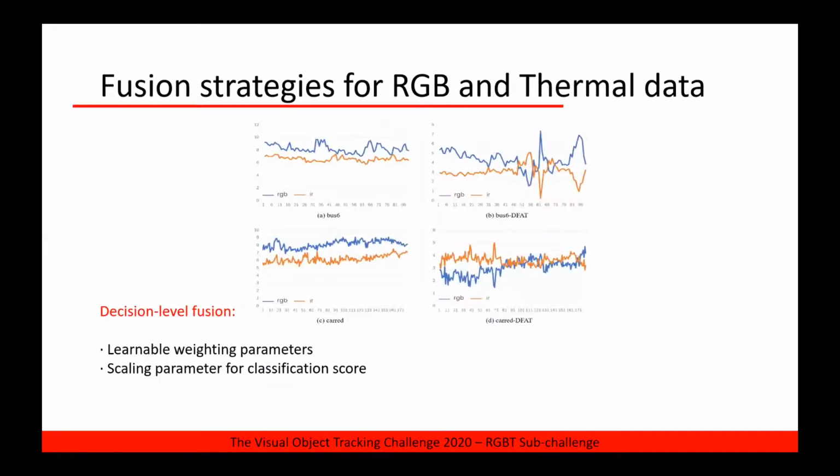Third, we also explore the potential of performing decision level fusion. As our baseline tracker SiamRPN++ is trained only on RGB data, we observed that the responses of the classification branch of the infrared, the thermal channel, are always lower than those from the RGB channel. Therefore, we propose rescaling the classification scores.